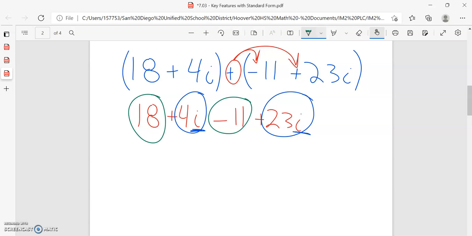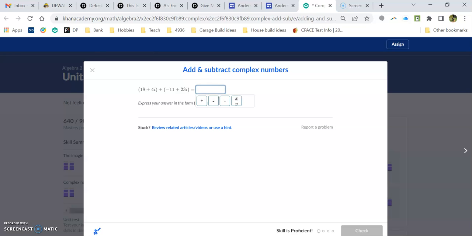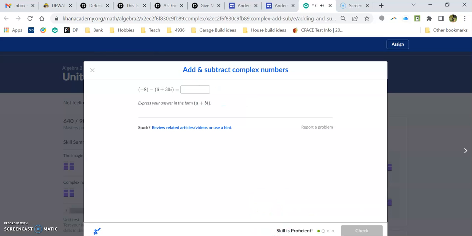So let's do 18 minus 11, which gives us 7. And then 4i plus 23i gives us positive 27i. That's the answer. You're just adding like terms. So we have 7 plus 27i, and there we go.